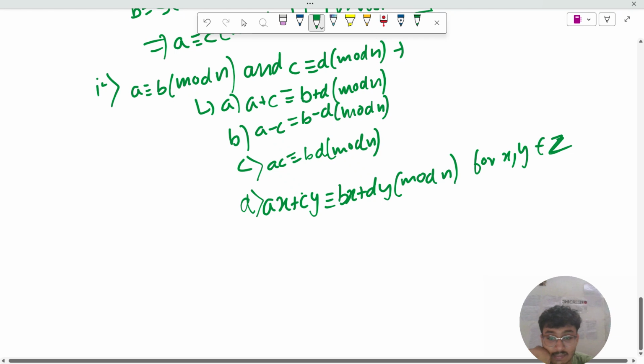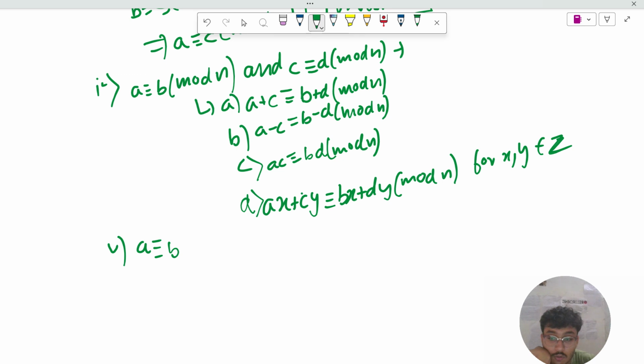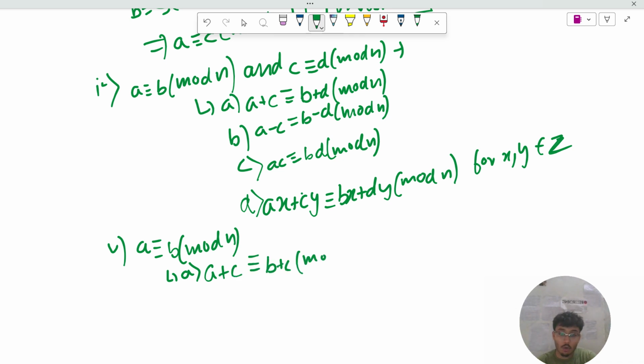So my next set of properties is: if A is congruent to B mod n, then A plus C is congruent to B plus C mod n. Again, the electricity has gone.